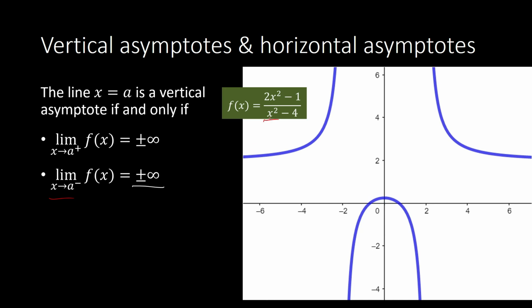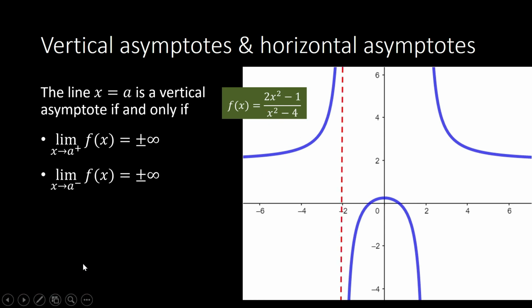Because negative 2 squared is just 4, and 4 minus 4 is 0. So that brings you to division by 0, and that is undefined. It's the same when x is equal to 2. 2 squared minus 4 is equal to 0.